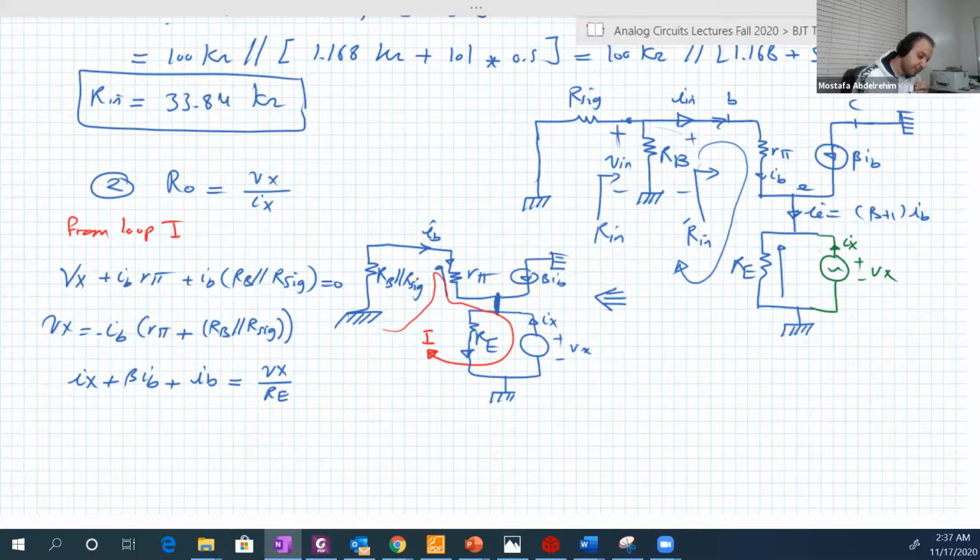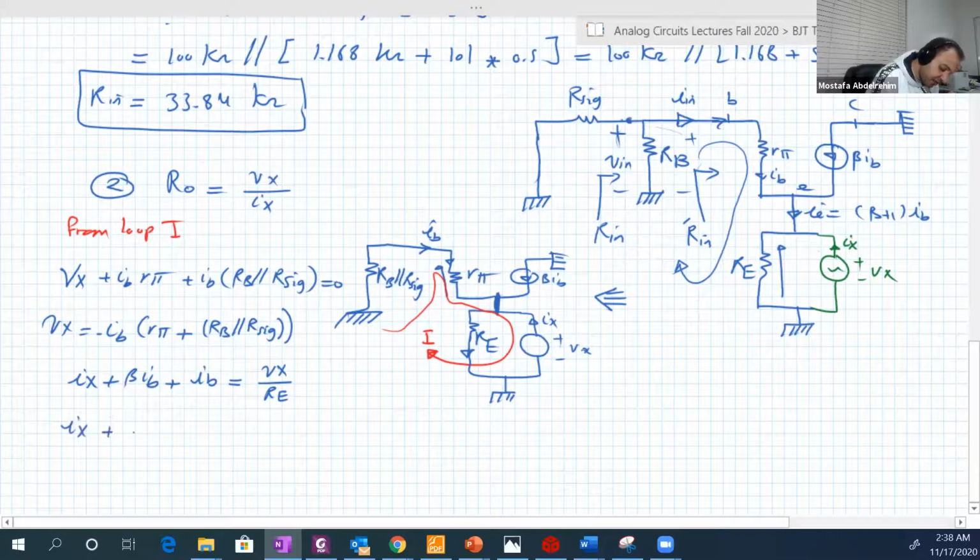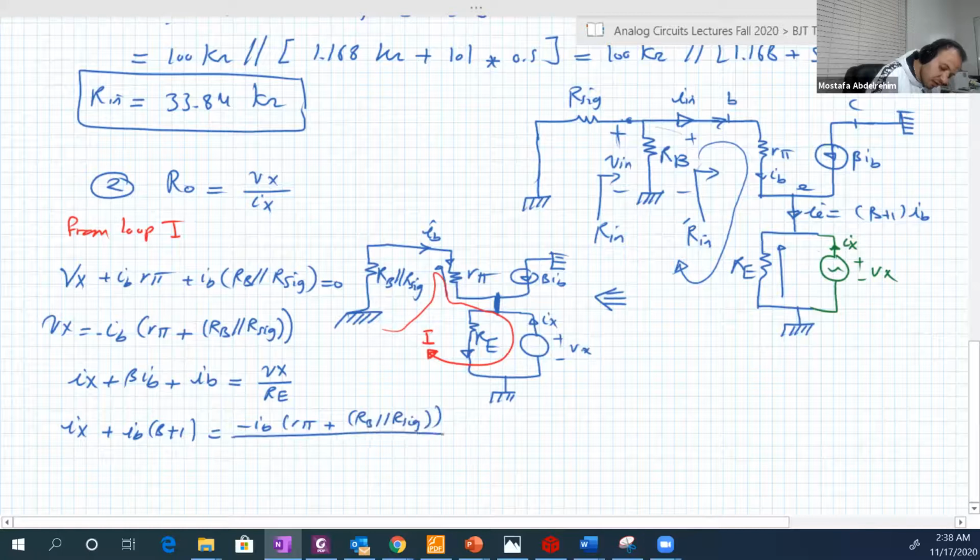So let's remove Vx now and put its equivalent, which is minus IB multiplied by this factor here. So Ix plus IB (beta plus 1) equal to minus IB (R pi plus RB parallel R signal) over RE.